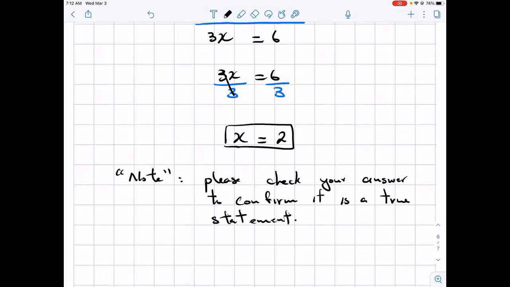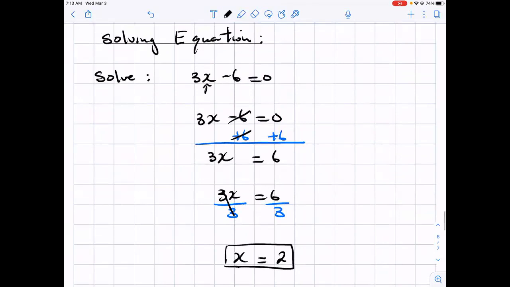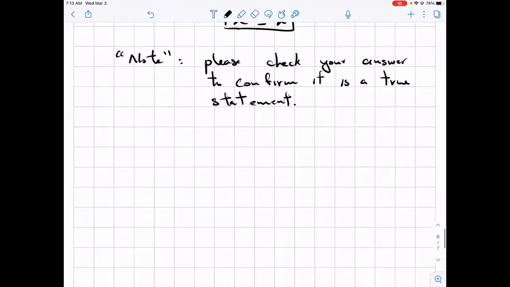I'm going to leave the checking part out for you to do. All you're doing is replacing x with 2. So that's the idea of checking.